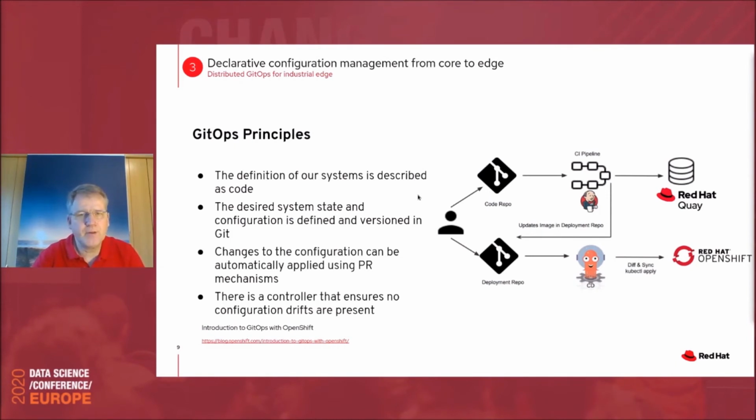Here on the picture on the right, you see the flow where the developer checks in and changes code, and the CI pipeline runs, and the outcome is a new container that is then stored with a certain tag in the container repository.